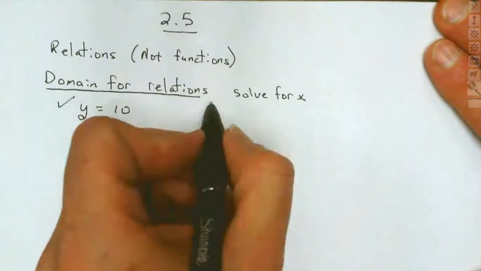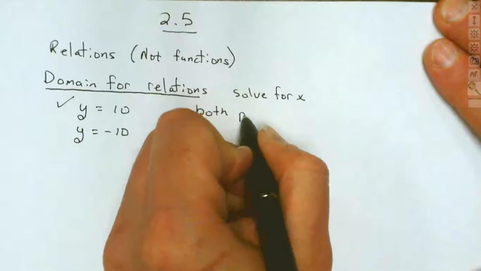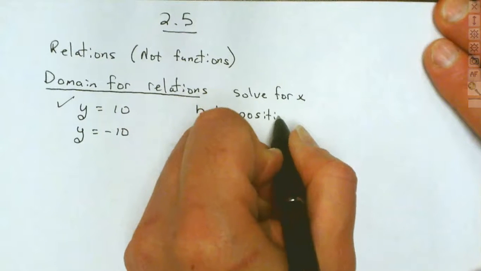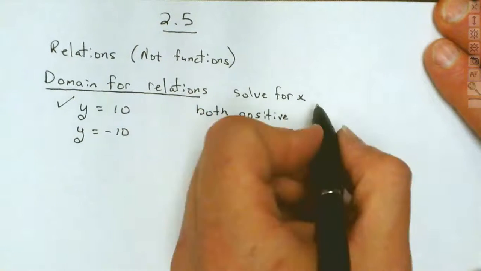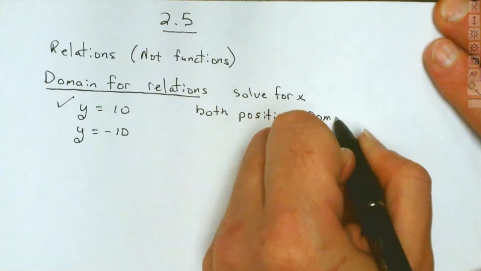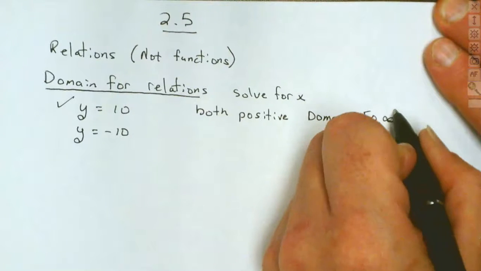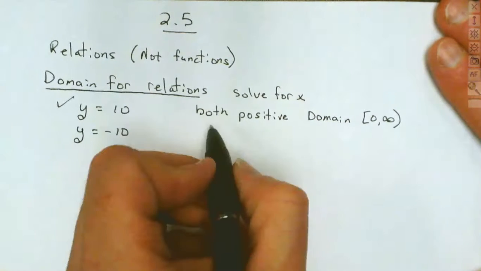Now there are three outcomes. If both are positive, then your domain will be 0 to infinity.